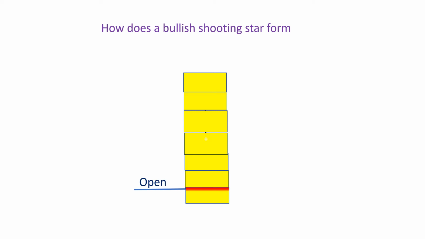First, the sellers push the price down, and immediately this lower price is rejected by the buyers, and the buyers push back the price to where it started in the morning, leaving a lower shadow representing a weak presence of buyers in the market, and this is the lowest price for the duration of this candle.